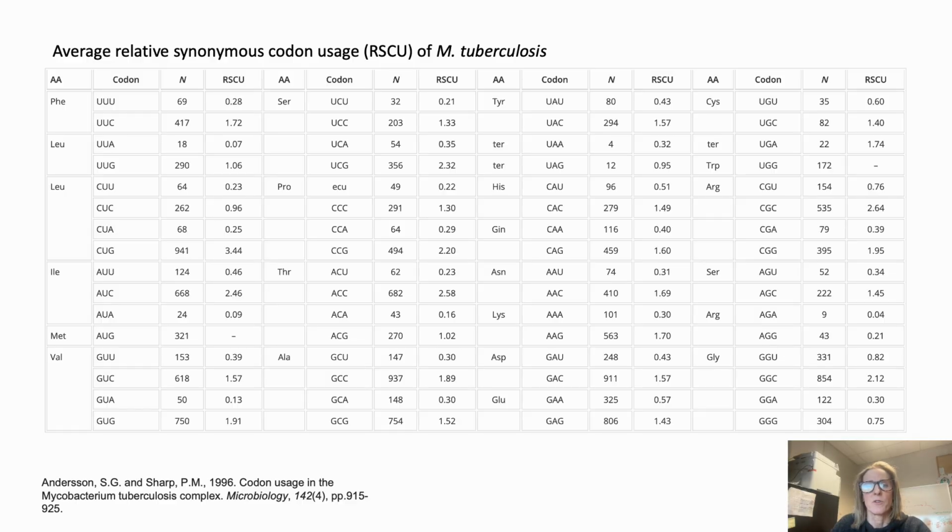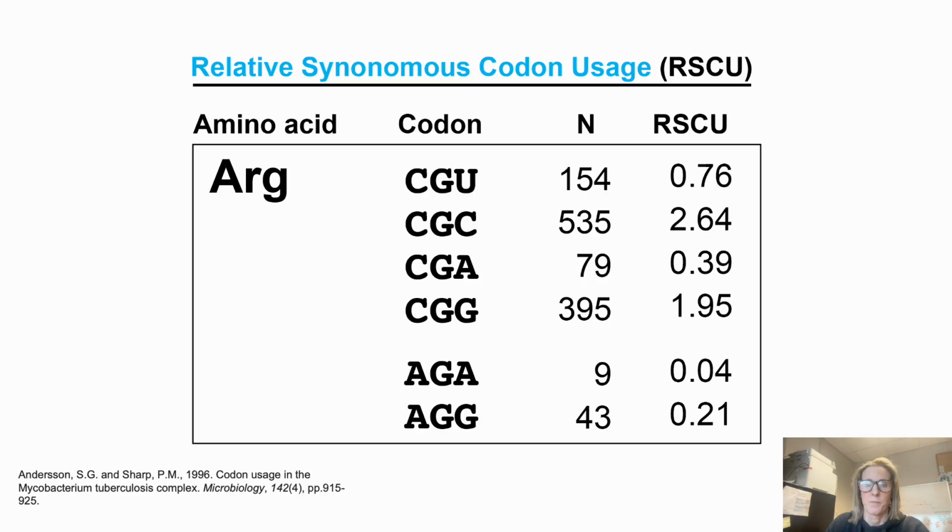This is a codon usage table for M. tuberculosis. It presents the average relative synonymous codon usage, or RSCU, which is the number of times a codon appears in a gene divided by the number of expected occurrences under equal codon usage.